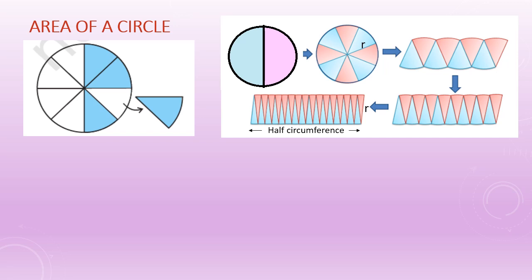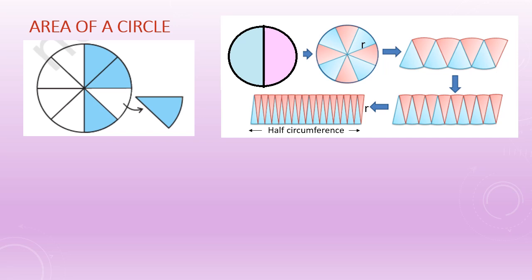You are familiar with the area of a rectangle, which is equal to L into B. You can see that this is the length of the rectangle and this is the breadth of the rectangle. So what about this length of the rectangle? If you are considering the circle, what is the length of the rectangle?